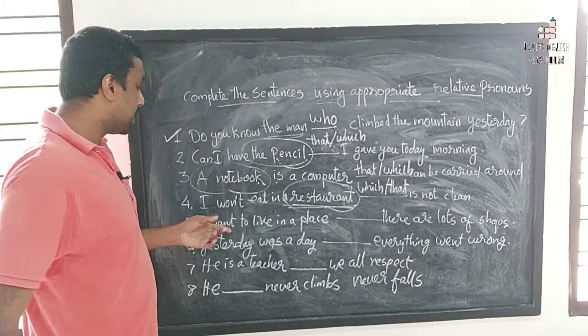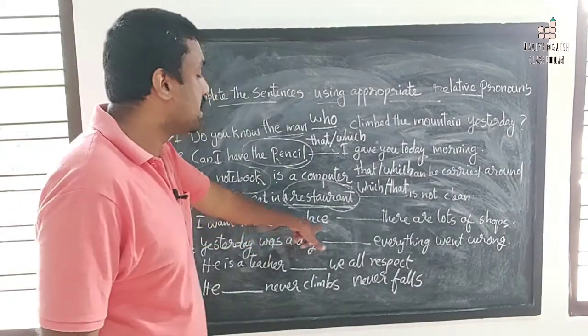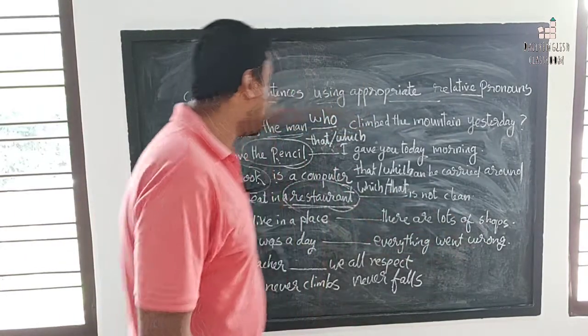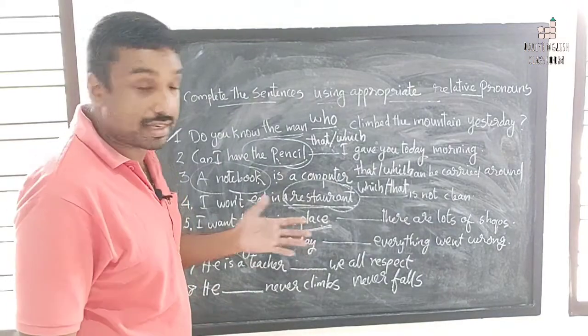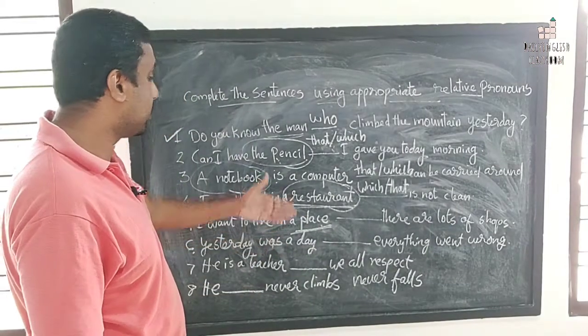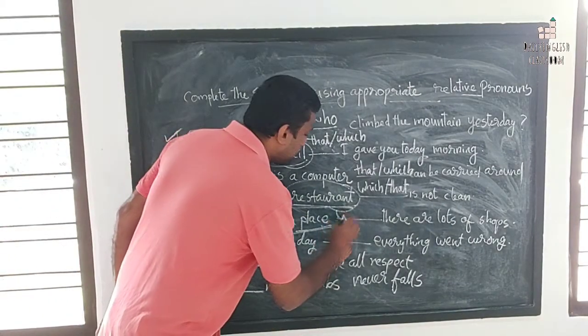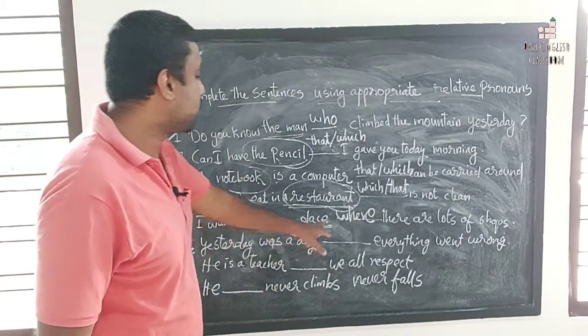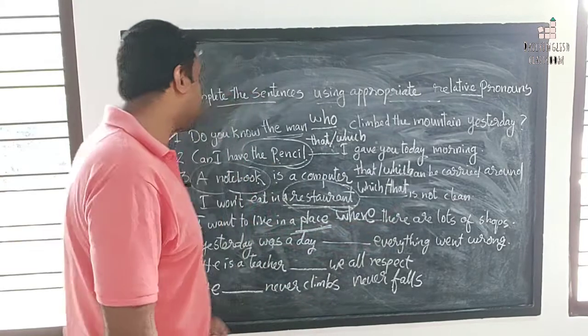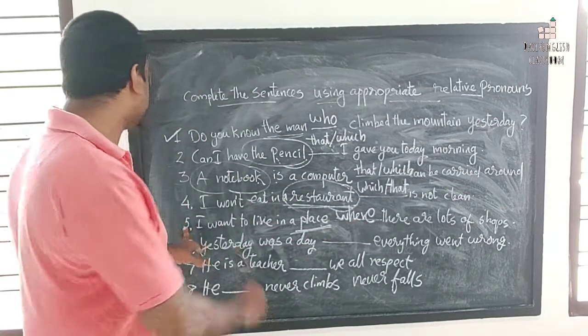Now the fifth one: I want to live in a place dash there are lots of shops. So here it is talking about a place, a location. So there you are using the relative pronoun where, W-H-E-R-E.